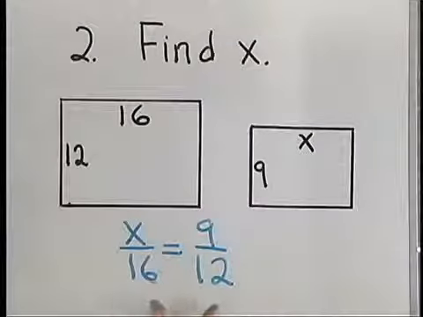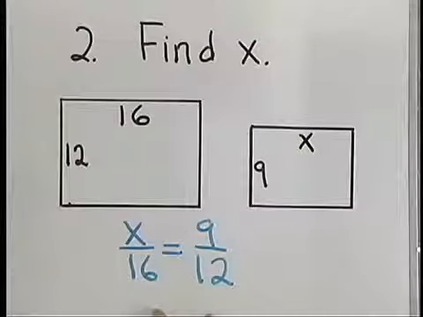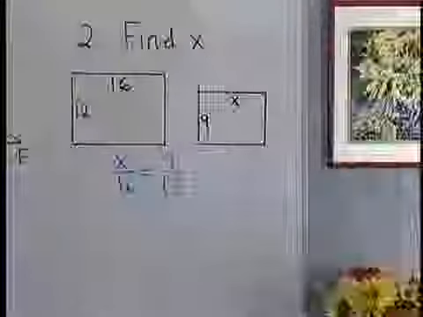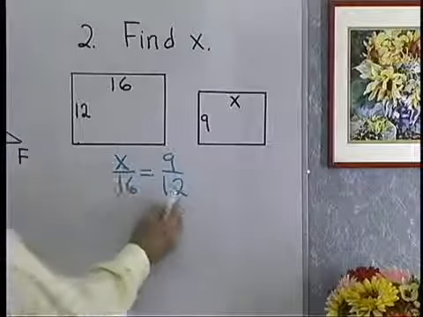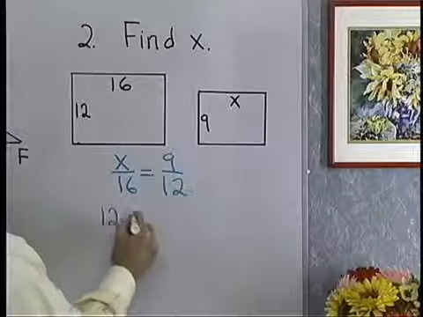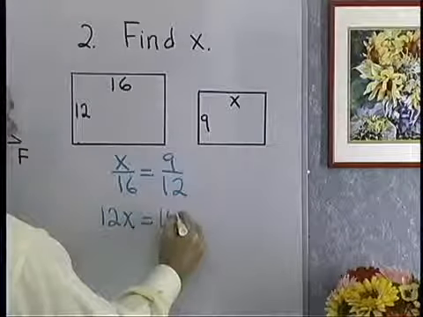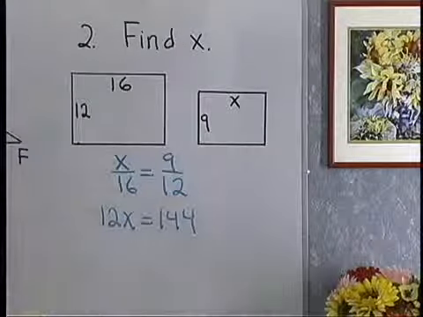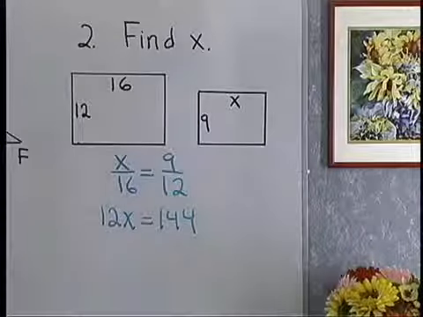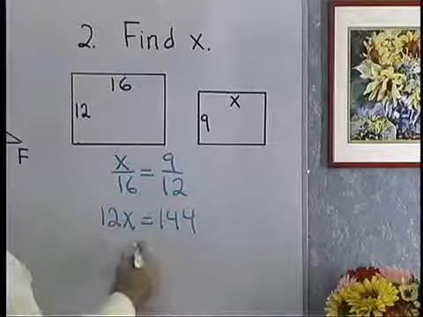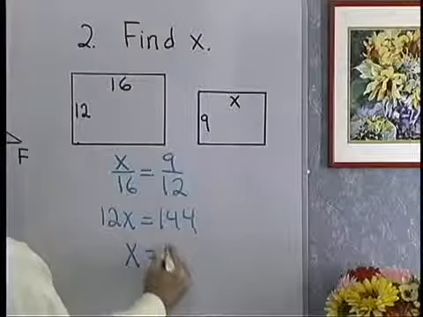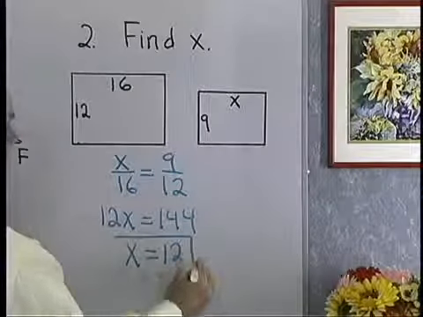So that gives me a little proportion to solve, and I'm going to use my means extreme property. X times 12 is 12X, and then 16 times 9, I believe, is 144. So I have 12X equal 144. I'll divide both sides by 12, and I'll end up with X is equal to 12.